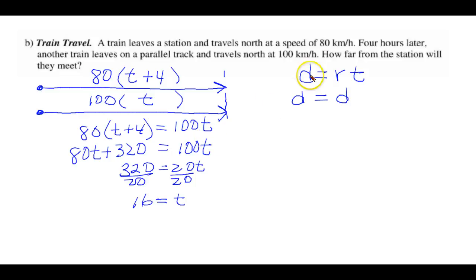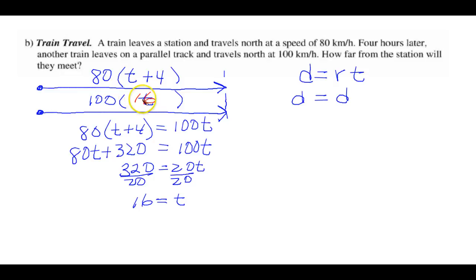But notice when we look at the answer statement, or the question, how far from the station will they meet? We have an answer that is time. Here's a case where we have to take this time, put it in either of our equations. We could put it in this one.